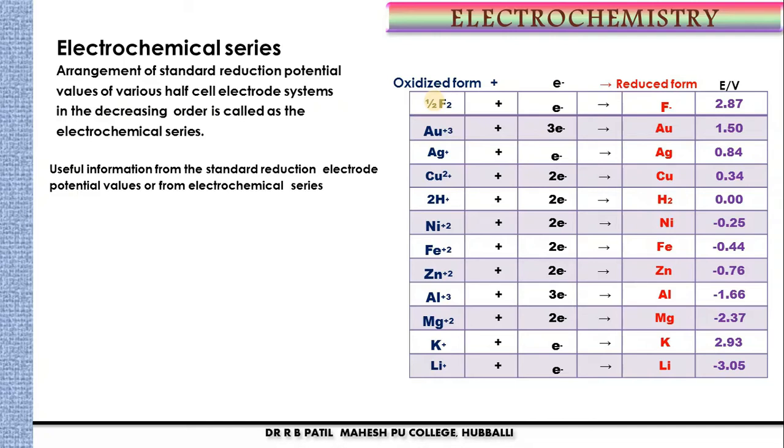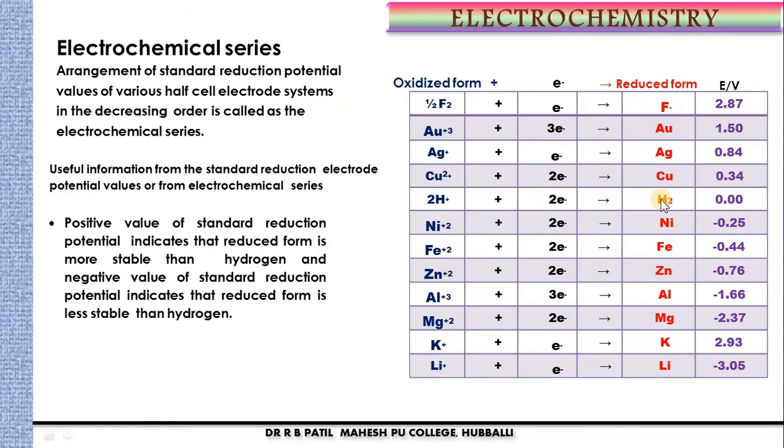So here a positive value indicates that the reduced form is going to be more stable than hydrogen. See, in the case of fluorine, gold, silver, and even copper, we have positive reduction electrode potential values, which indicates that the reduced form is more stable than hydrogen.